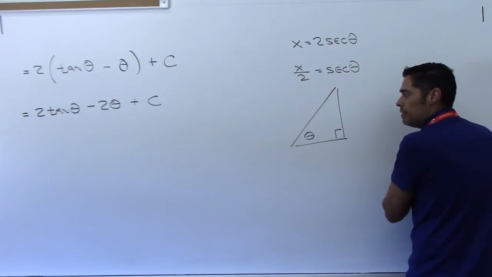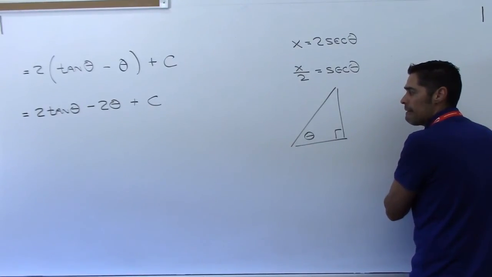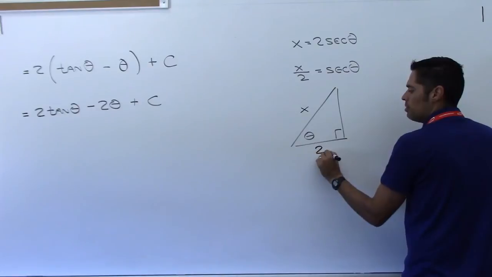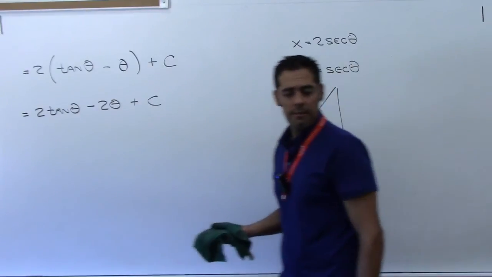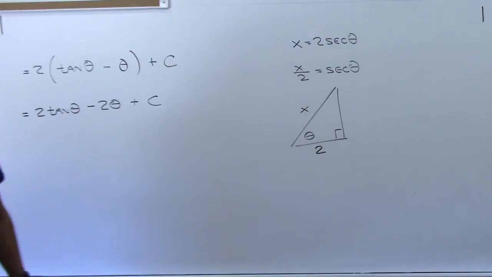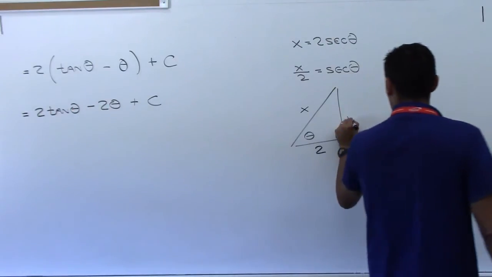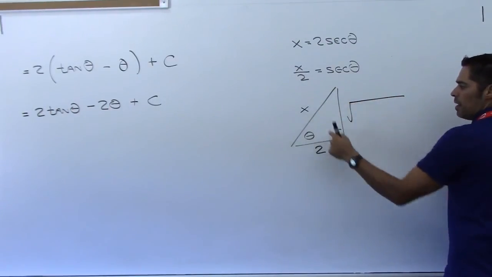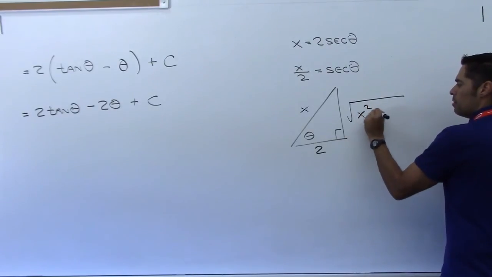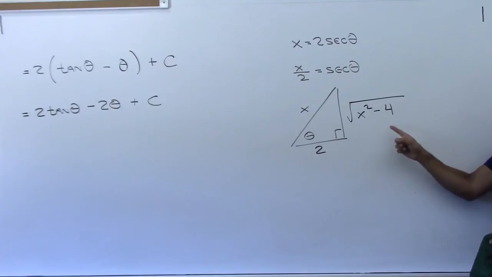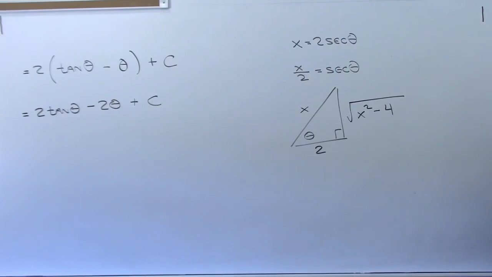So what side is which here? X is on the hypotenuse and 2 is on the adjacent. X is hypotenuse, 2 is adjacent. Do you agree? And that forces this other side to be this squared minus this squared, which better matched that root that you had earlier, that's the root that started this whole thing off, right?